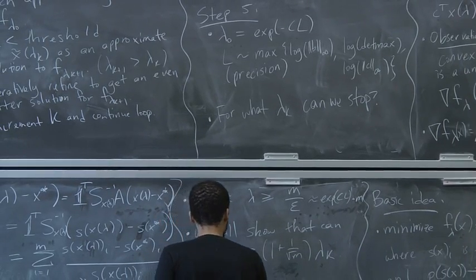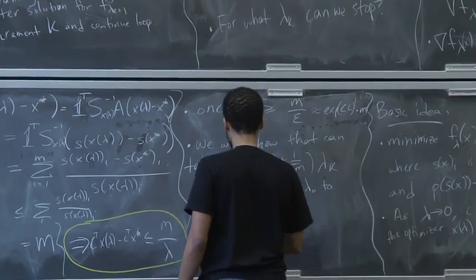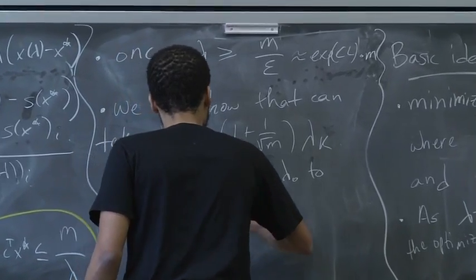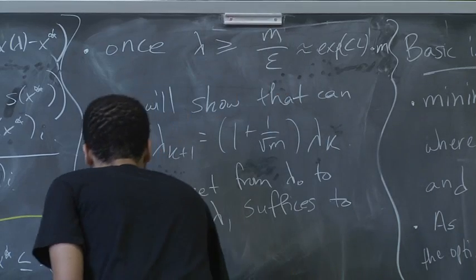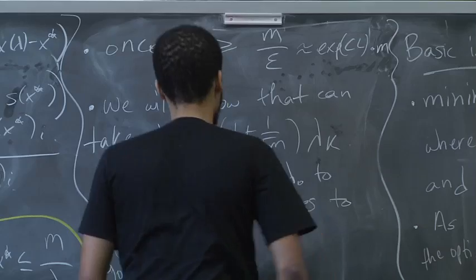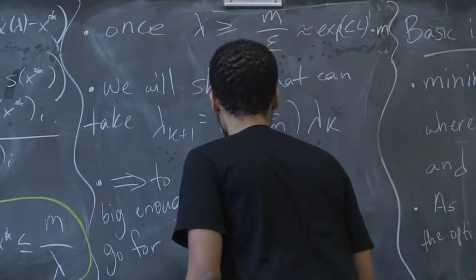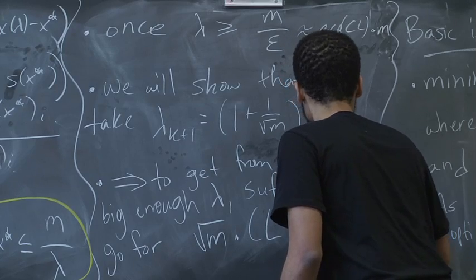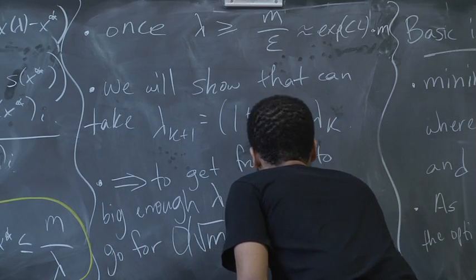So this implies that to get from lambda 0 to a big enough lambda, it suffices to go for root m steps just to get a constant factor increase in lambda, times log of the ratio, which is going to be something like L plus log m iterations.